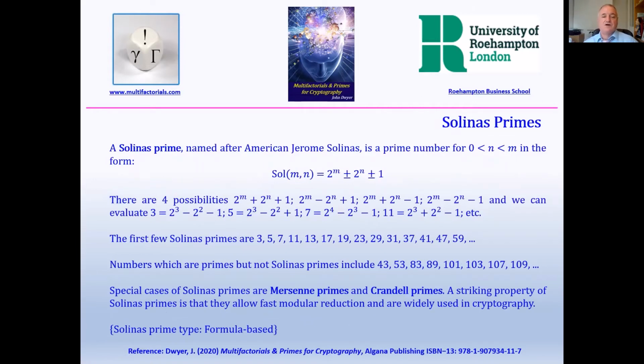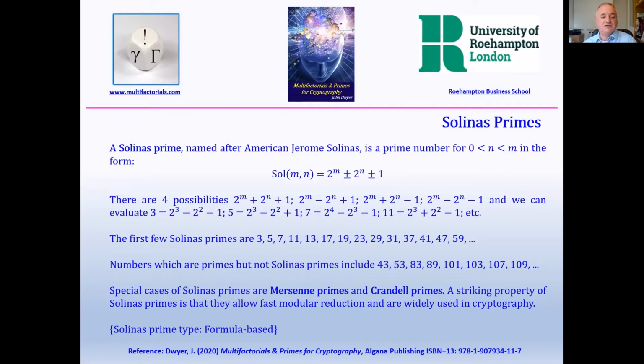Now, Solinas primes, named after Jerome Solinas, an American mathematician, is a function of two variables, m and n. Again, m and n are positive integers, in the form 2 to the m plus or minus 2 to the n plus or minus 1. So you can see there are four possibilities depending on the pairing of plus and minus.